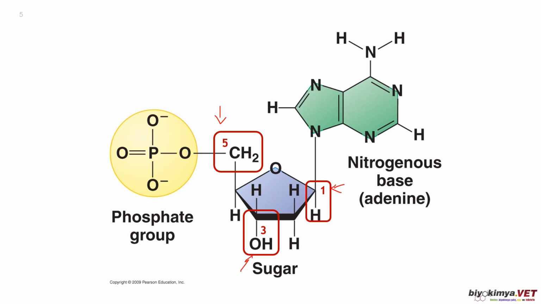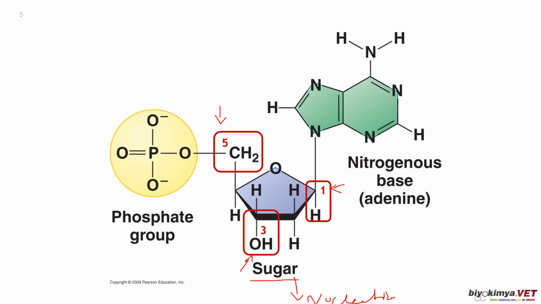And the third carbon of the sugar links with the next nucleotide, the phosphate group of the next nucleotide. So the sugar actually here provides a kind of bridge to hold the nitrogenous base on the one hand, and on the other hand holds the phosphate group, and also the third hand holds another nucleotide here.